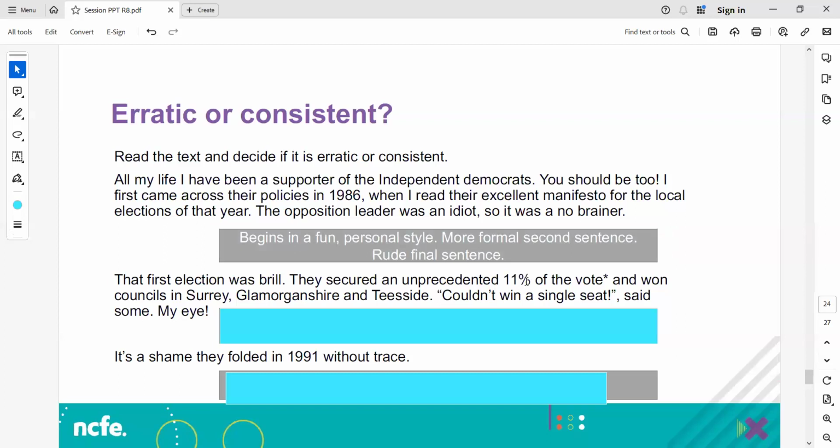Let's have a look. So it begins in a fun, personal style, all my life, then gets more formal. I first came across their policies in 1986. So the tone, the style isn't consistent.